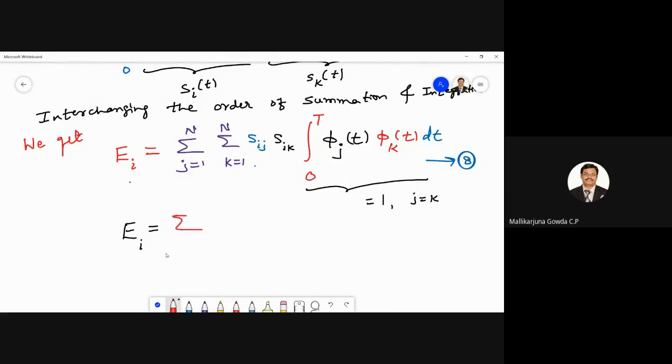So summation j is 1 to n, S squared ij, because j is equal to k, which is equal to 1. Is that fine?